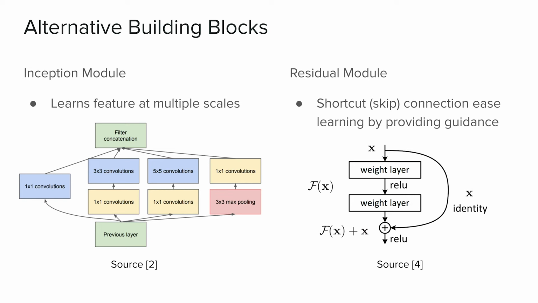So you're computing the convolution, but you're also creating a shortcut where the information can flow around the convolution, and then you're summing up the original signal and the output of your convolution.